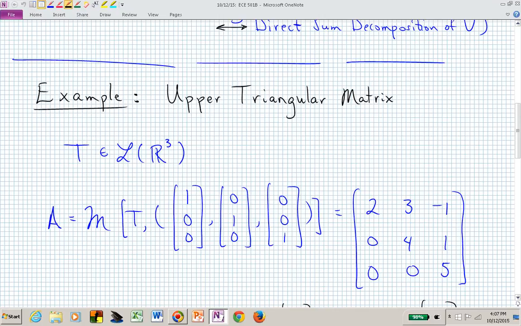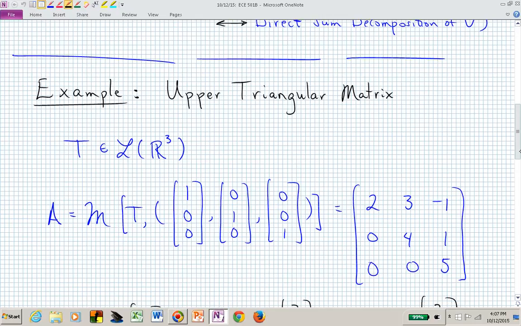Either of those ones, -1 or 1, could be 0. That 3 could be 0. They could all be 3, or all be 0. It would still be upper triangular, but then it would actually be more specific. It would be a diagonal matrix. But right now, I'm just working with upper triangular matrices. All the entries below the diagonal are 0.